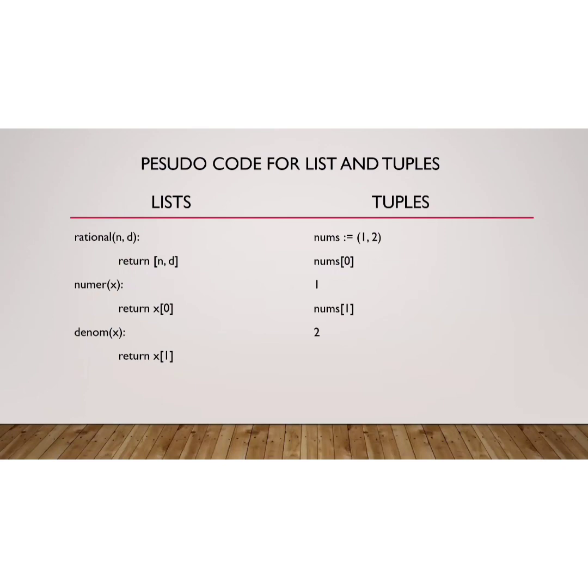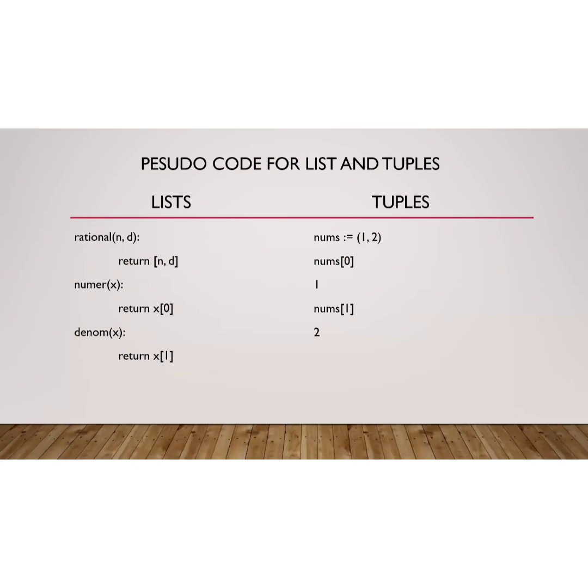Okay, first let us see list. Okay, so by using rational numbers, rational means what? Rational is a constructor function with name n comma d, return n comma d. Okay, so numerator of x returns x of 0, denominator of x returns x of 1.